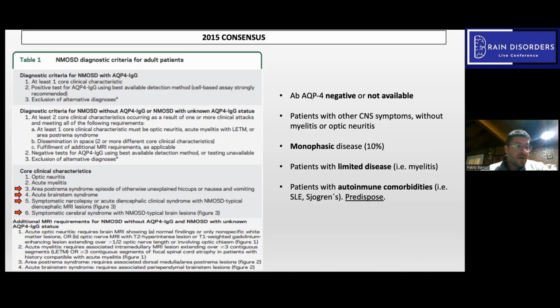And they added some other symptomatology to the NMO criteria, like Area Postrema Syndrome, an episode of otherwise unexplained hiccups or nausea or vomiting, Acute Brainstem Syndrome that we will see, symptomatic narcolepsy or Acute Diencephalic Clinical Syndrome, and symptomatic cerebral syndrome.